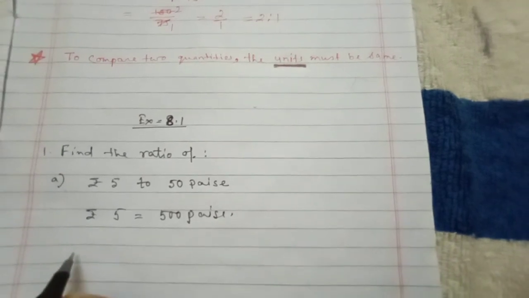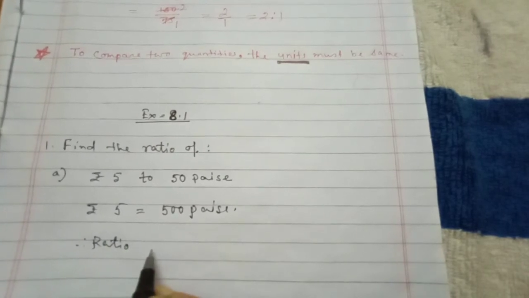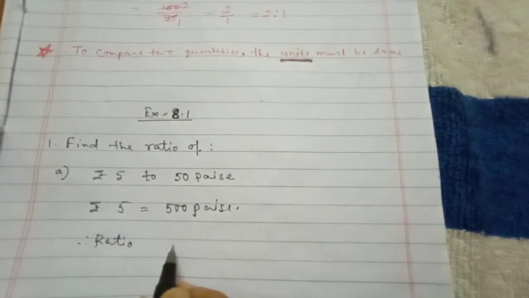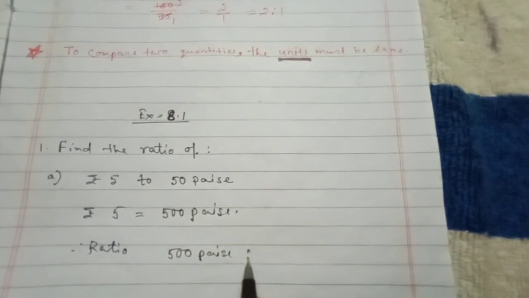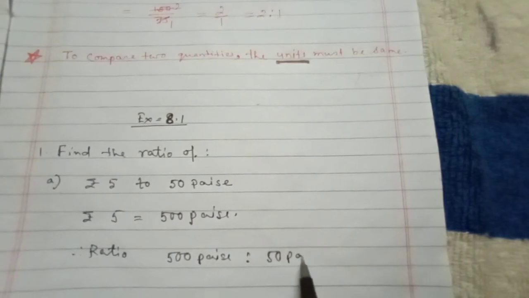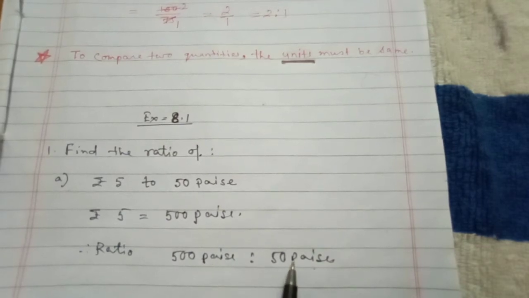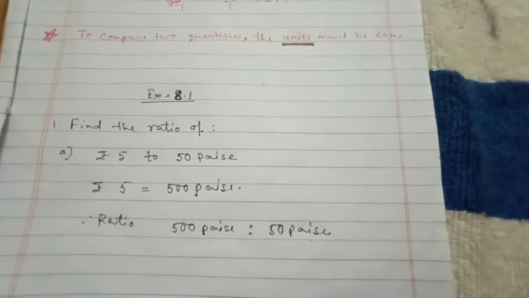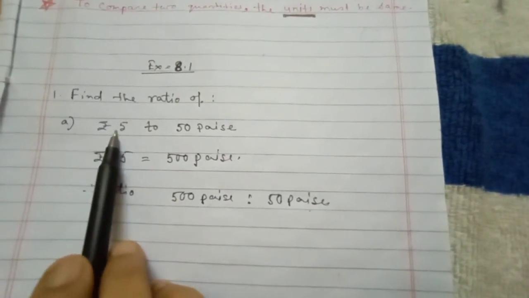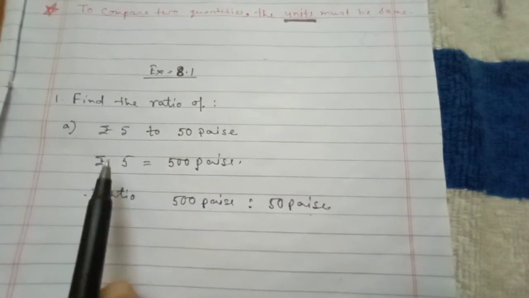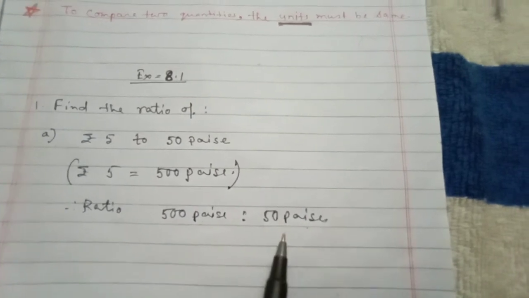Therefore the ratio is equal to 500 paisa is to 50 paisa. As they are now in same unit, we can find the comparison between the two quantities.